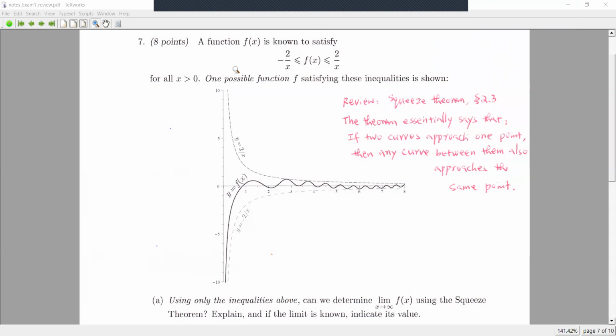As x approaches positive infinity, the lower function, negative 2 over x, approaches 0. And the upper function, 2 over x, also approaches 0. So f, as a function between them, will also approach 0. So this limit is 0.